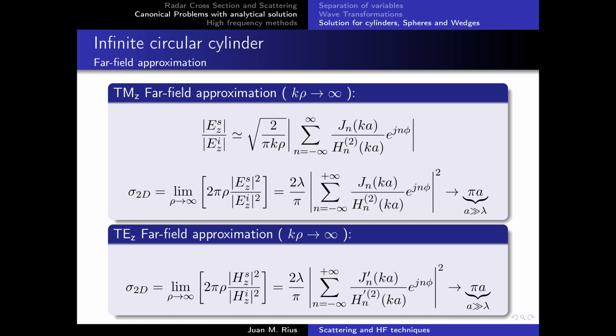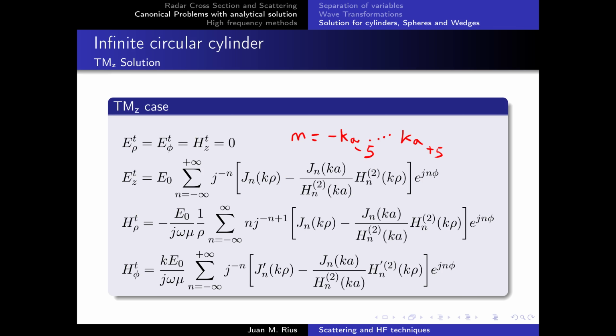And now in the far field we can compute the RCS. We do the far field approximation of the total scatter field.